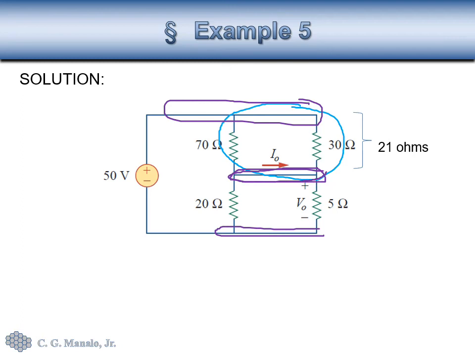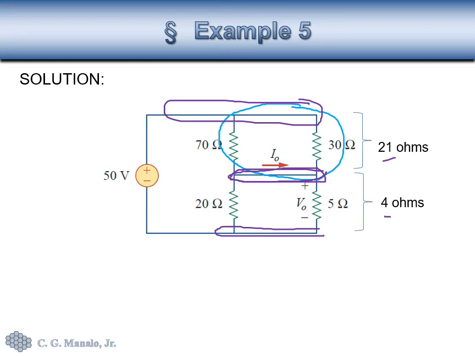And if combined, that will give us a value of 4 ohms. Now 21 and 4 will be in series, and that will give us 25 ohms, and that should also be the equivalent resistance of this circuit.